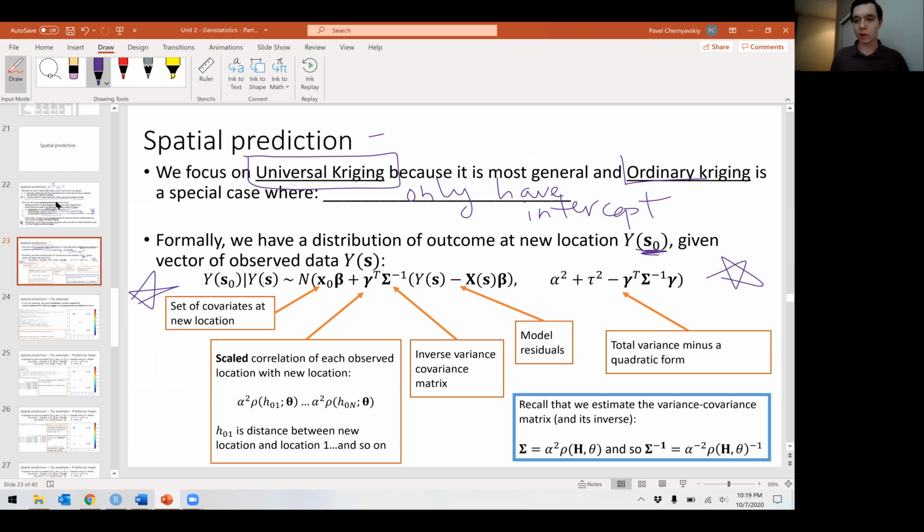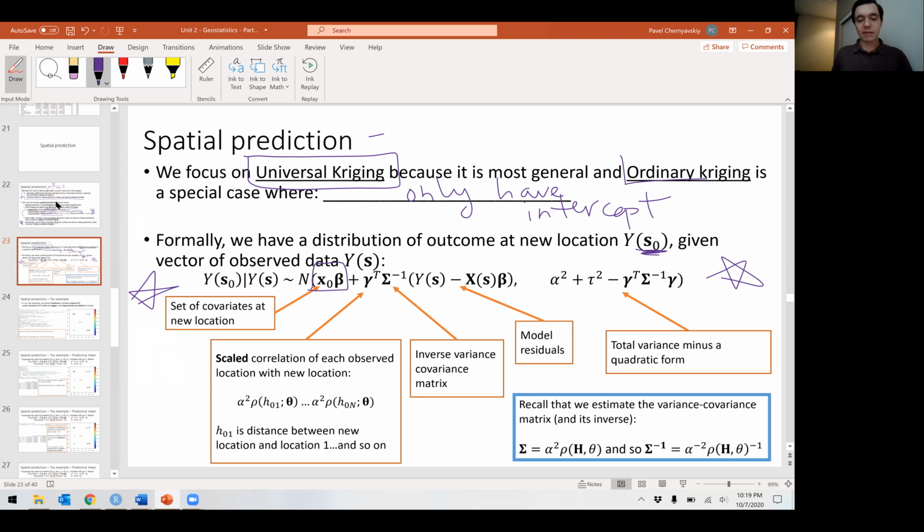Shouldn't surprise us, it's a normal distribution. We've been assuming multivariate normality thus far. And so it makes sense that at our unobserved location, data will also be distributed according to a normal distribution or multivariate normal. So there's a number of components to look at. So we're going to look at them one at a time.